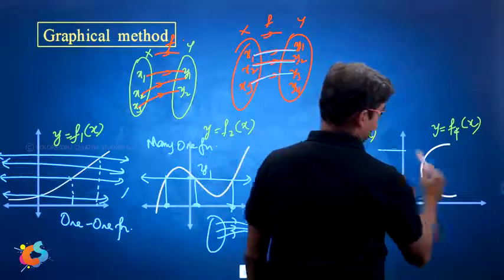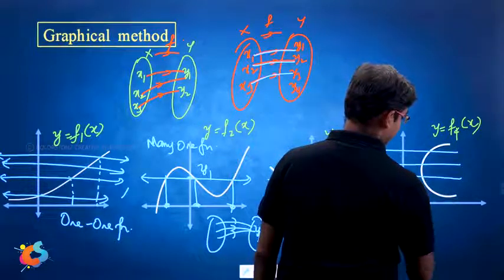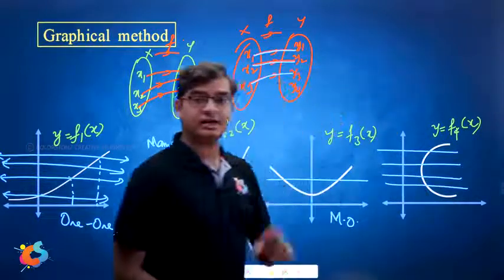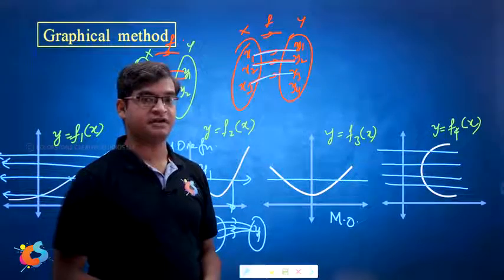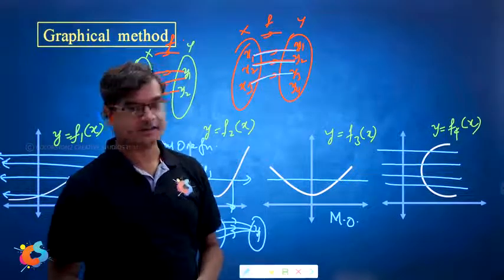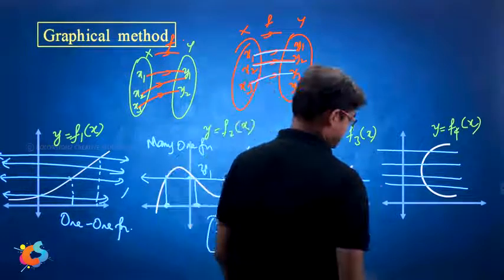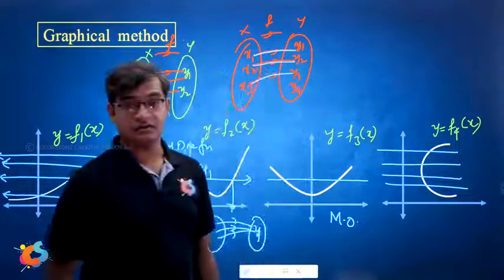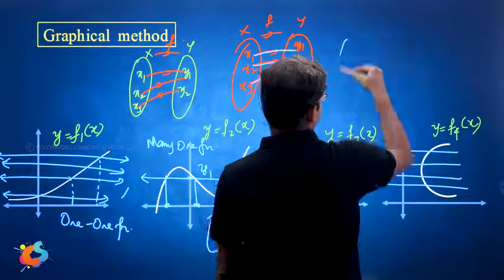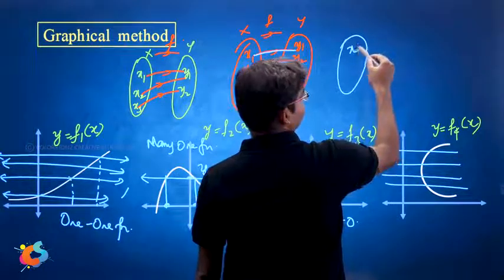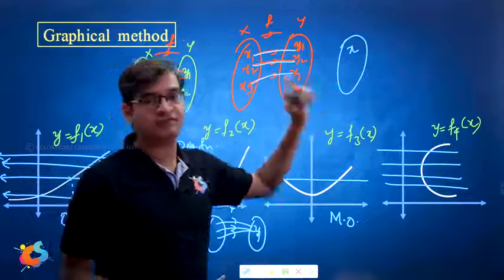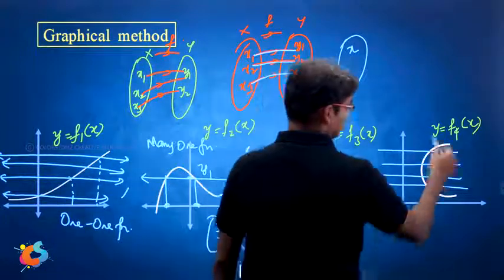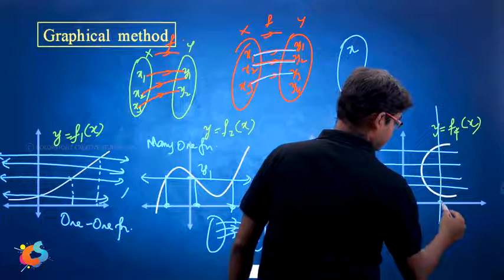Here, any horizontal line you take, if it is cutting the graph, it is cutting only once. So therefore, this is a one-one function, which is not right, because this is not even a function. Why is it not a function? Because what is a function? For every element in the domain, there should be exactly one image, right?